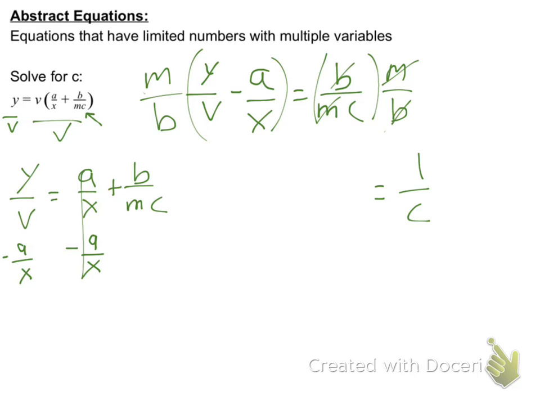But, on the other side, I probably should distribute that in. How do I multiply fractions again? Top times the top and the bottom times the bottom. You got it, tops, bottom bottoms. So this becomes my over bv minus am over dx.